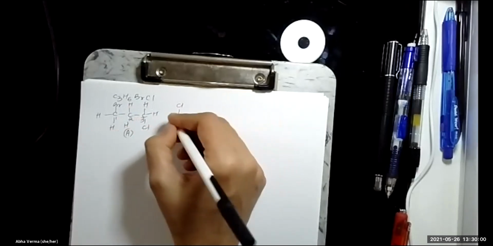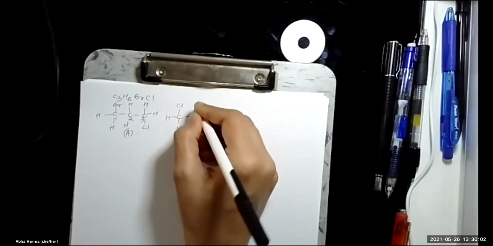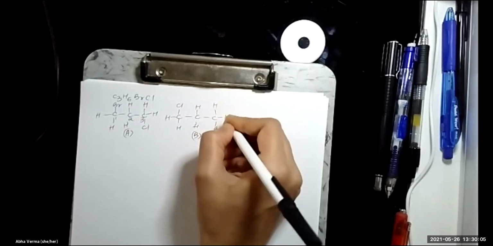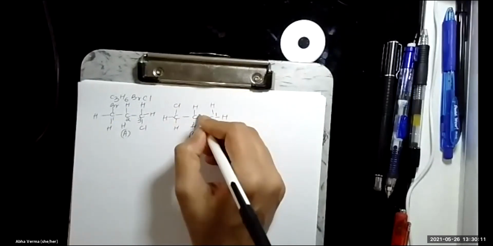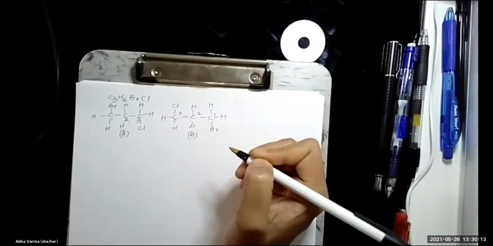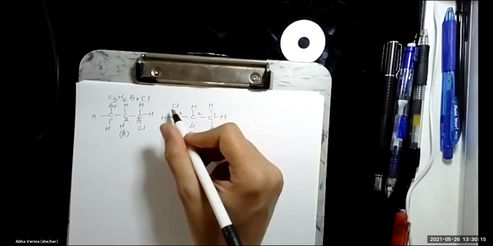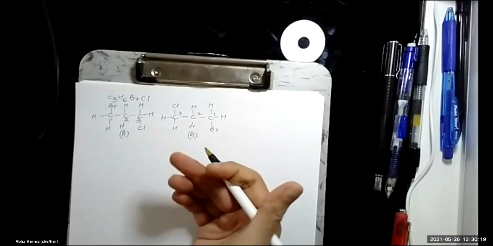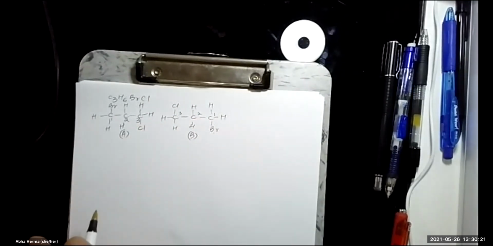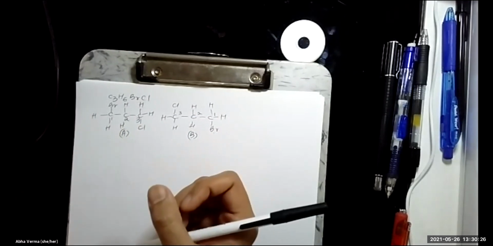What I did here was I just switched the locations. Instead of counting this as 1, I'm going to count this as 1. And I'll tell you eventually why we count bromine 1 as a 1 and why this has 2. But this is just like a mirror image of this particular structure.